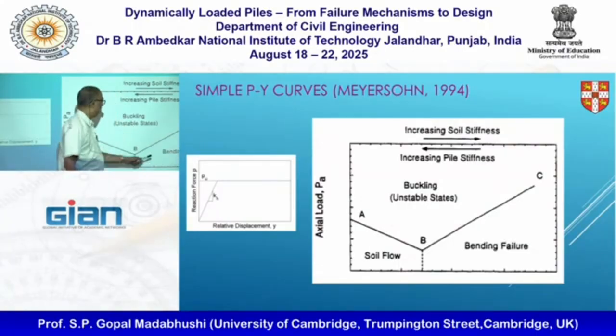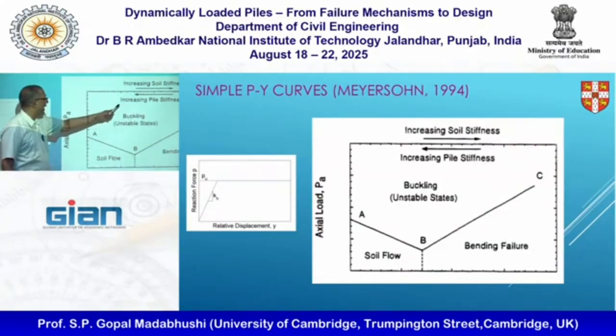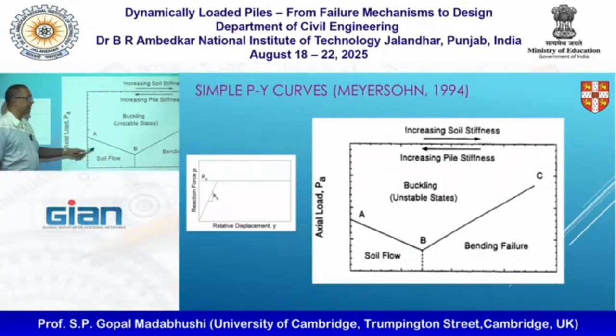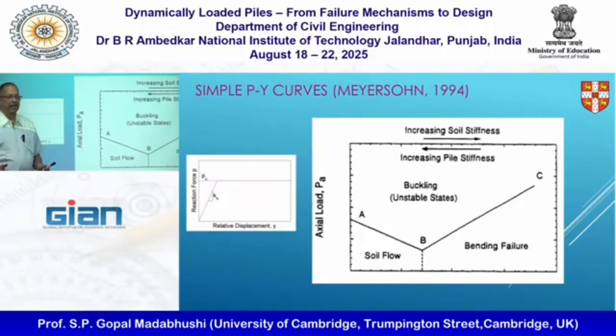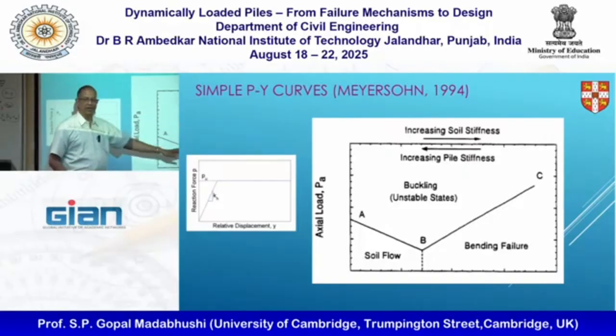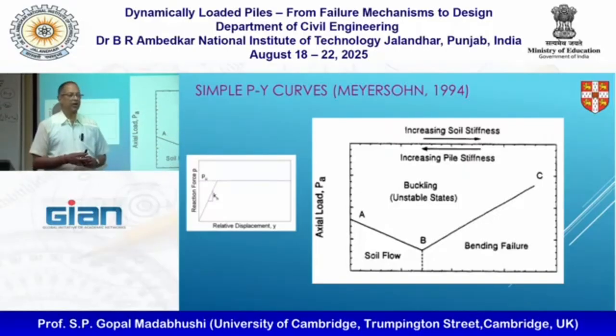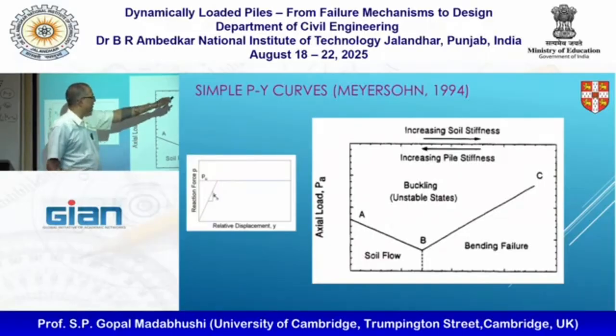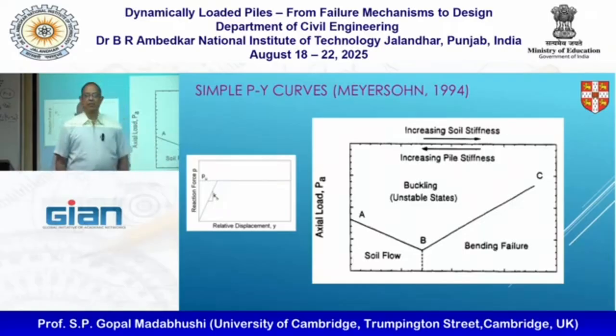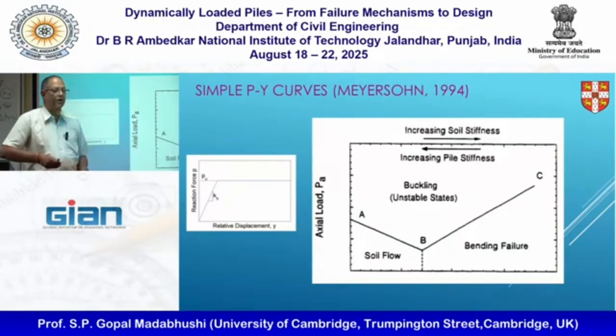On the other hand, if my pile is very stiff and the soil is relatively weak, then I'll get more and more soil flow past the pile. So this is a neat framework. All I really need to know is my axial load, my soil stiffness and pile stiffness, and I can then predict how my pile is likely to fail.